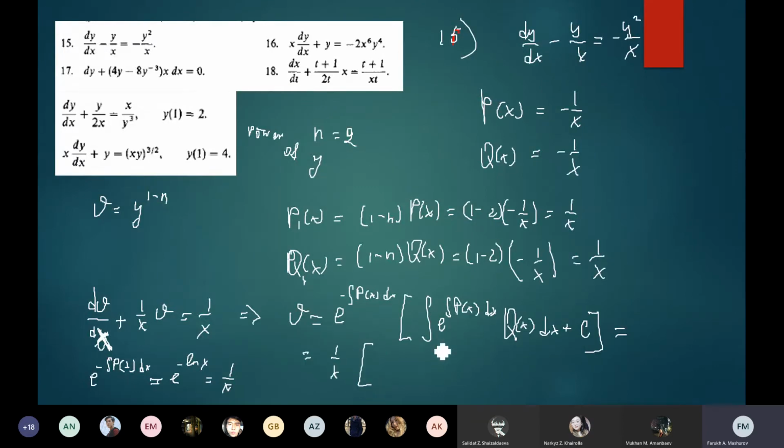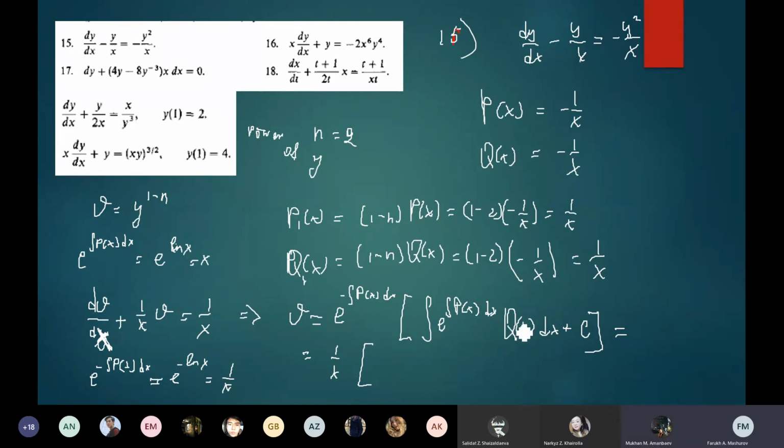The integral of this will be just x. Let's write e to the power of the integral of P(x) dx is equal to e^(ln x), so this will be just x.